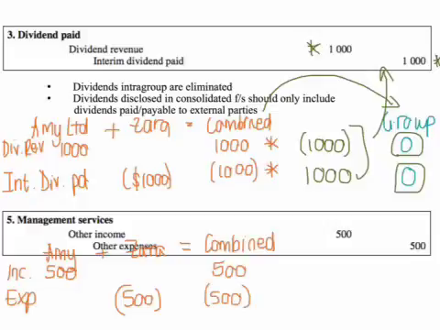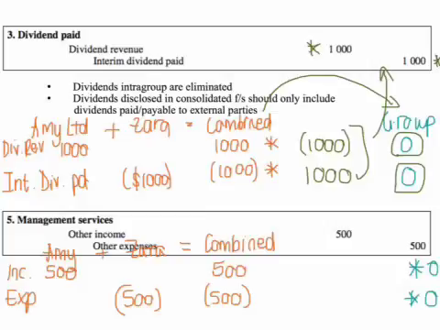Once again, if we think of what the aim is of consolidated financial statements, from a group perspective, no management fees were earned, so this should be zero, and no management fees were paid, so that should be zero as well, because intercompany transactions should be fully eliminated.